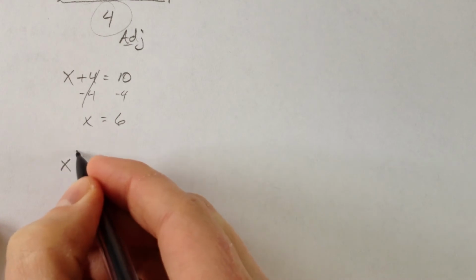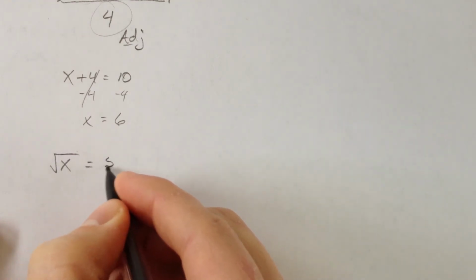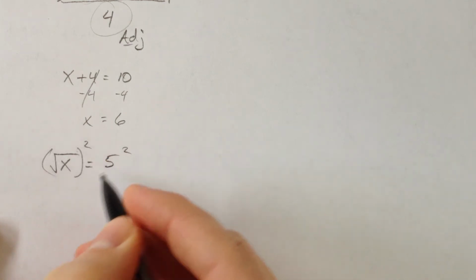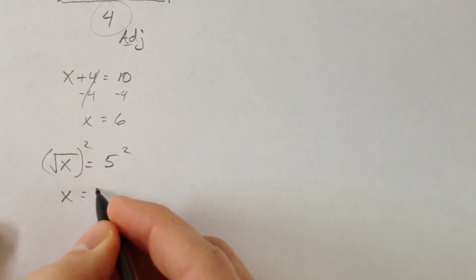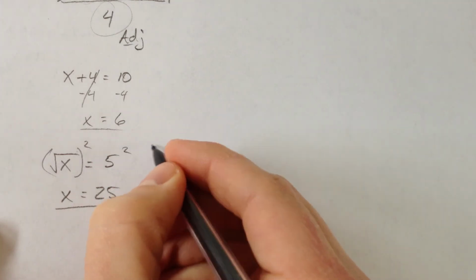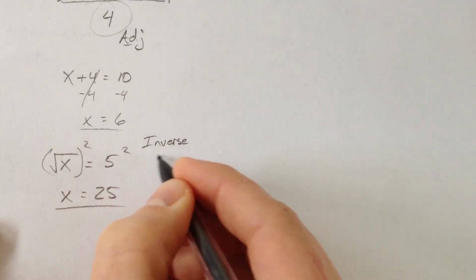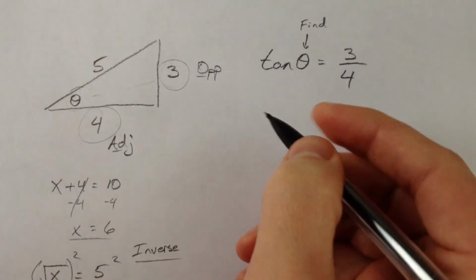If you had x squared, the square root of something equals 5, you would square both sides, because squaring a square root cancels out the square root. Hopefully you've seen both of these kind of examples. So these are inverse operations. They undo each other.